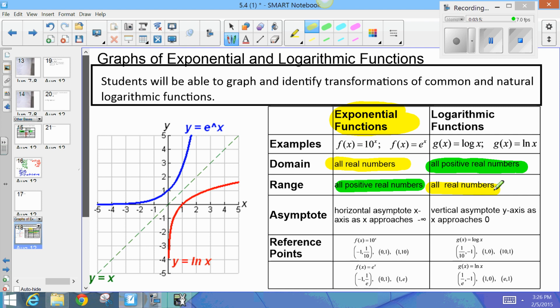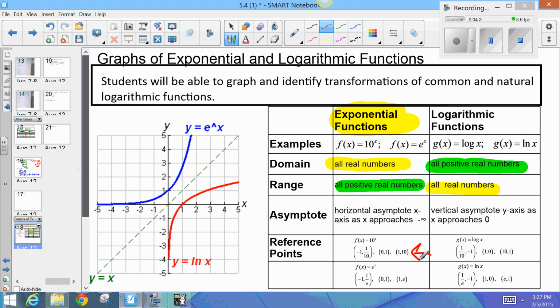All right, let's also take a look at these reference points down here. First of all, the function f of x is 10 to the power of something. Let's just think about putting these values in for x and what their y's would be. You should be able to generate these points by yourself. You don't have to memorize them. 10 to the power of -1, any negative exponent is just a fraction, the reciprocal.